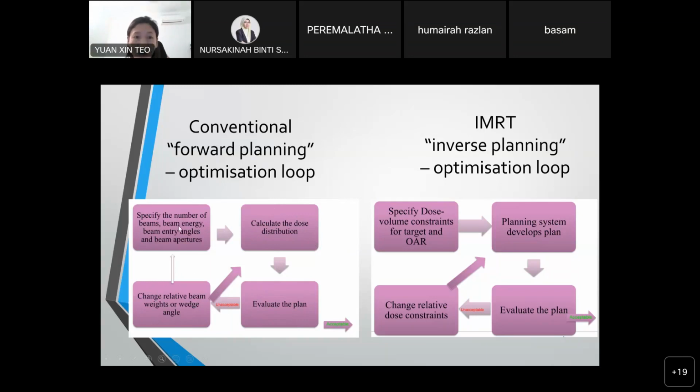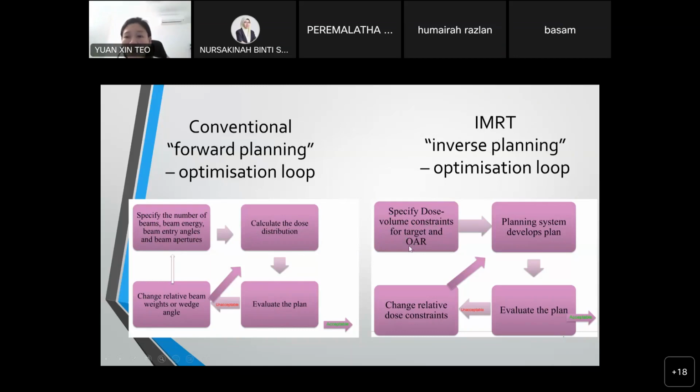This is called manual. You will need to key in all these parameters until you get a very good dose distribution plan. Okay, while for IMRT inverse planning, we will tell the computer, we specify the dose volume constraint first.